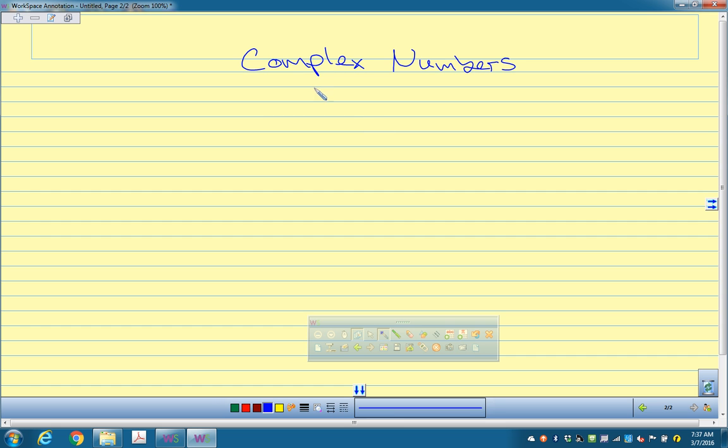But complex numbers in general can be expressed as a plus bi, where a is the real part and bi is the imaginary part. So a lot of times we'll have a complex number that looks like 3 plus 2i, or 2 minus 7i, or something like that.